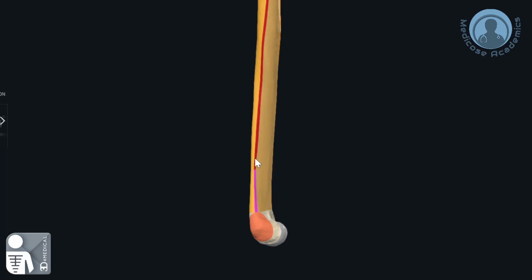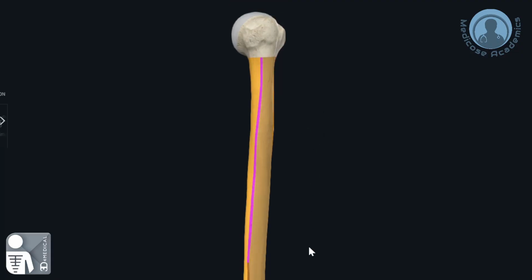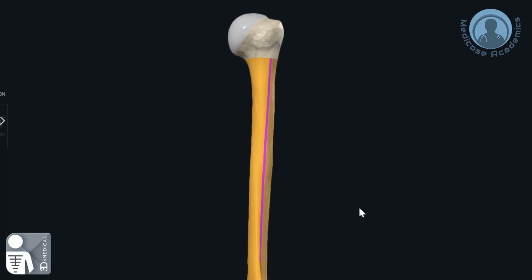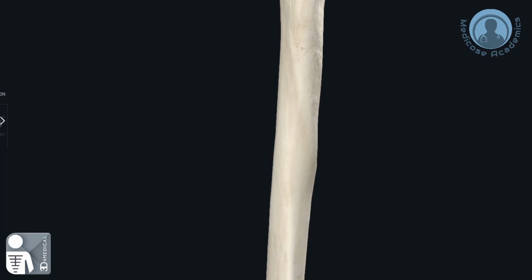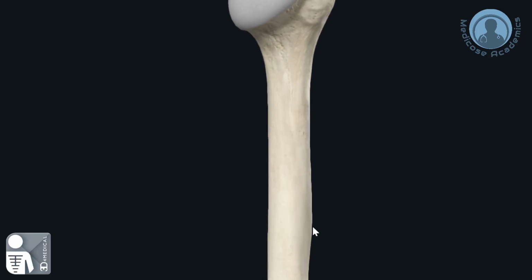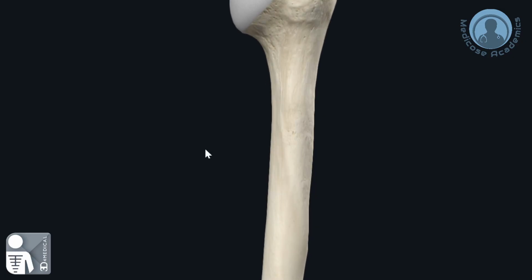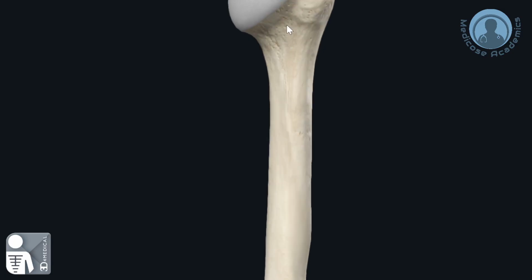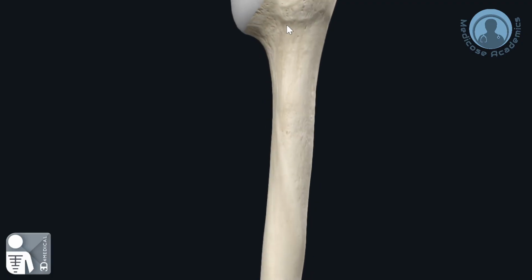It is the upward continuation of the lateral supracondylar ridge, but as you go up it spirals somewhat back to the posterior aspect of the greater tubercle. This is the lateral border going up, and as you see it goes behind this tuberosity, and here you can see a little line going backwards, and this ends up behind the greater tubercle. So this is the lateral border.